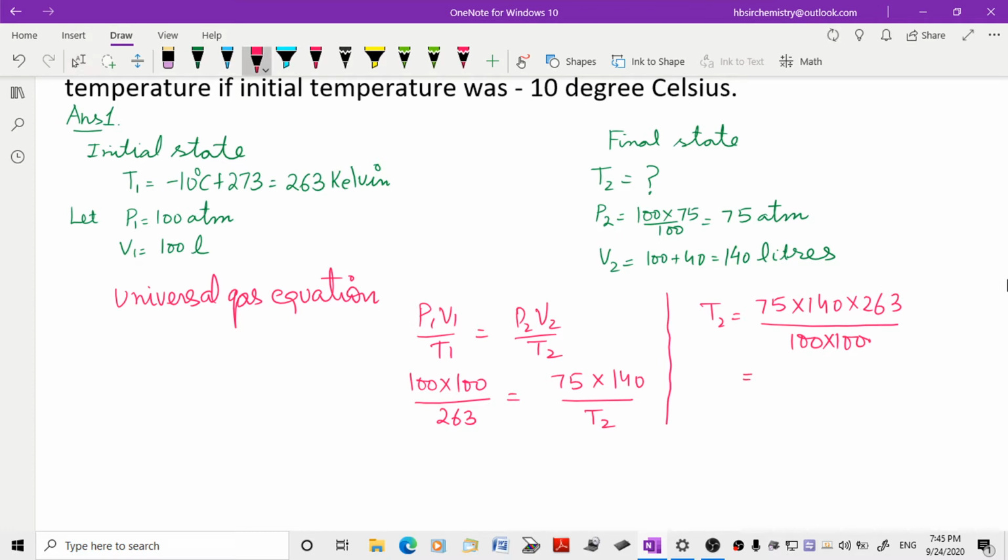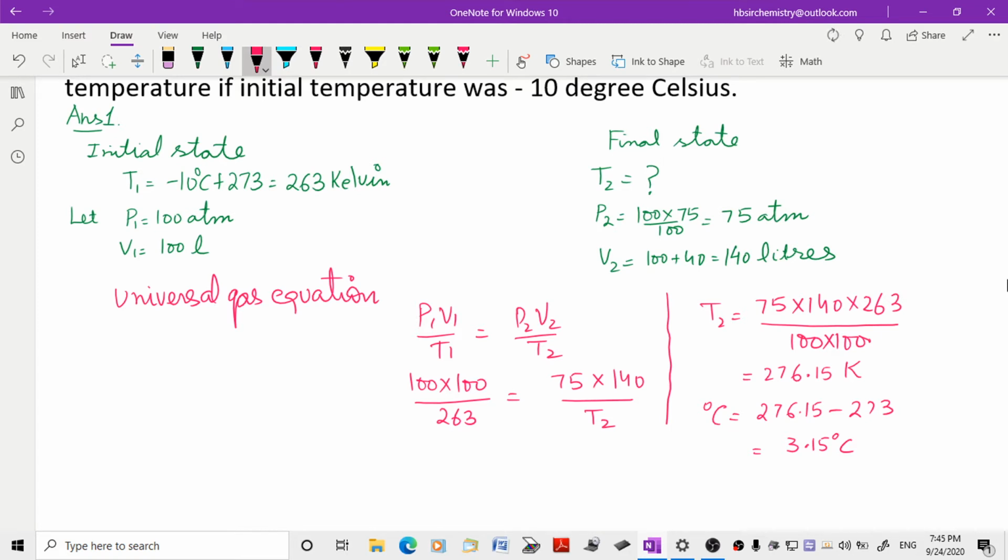This is coming as 276.15 Kelvin. To find the answer in degree C, we need to subtract 276.15 minus 273. This will come as 3.15 degrees C.